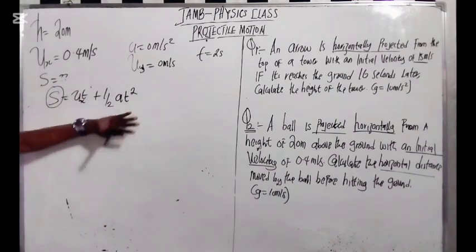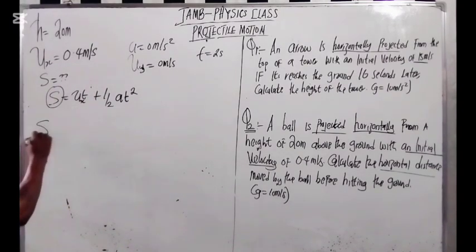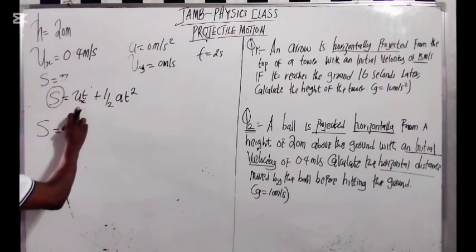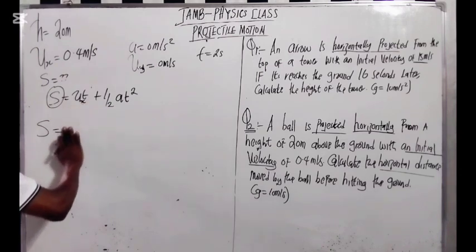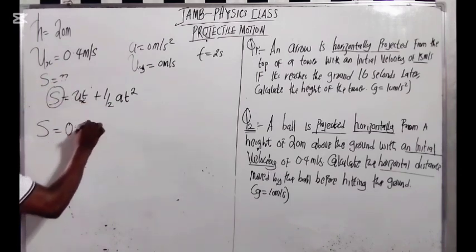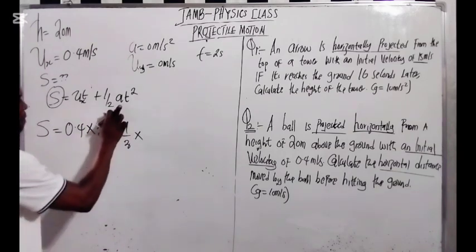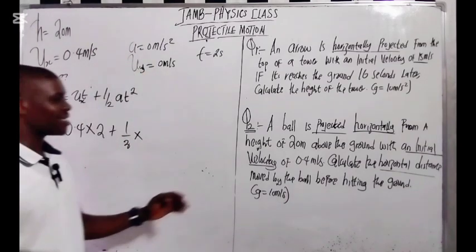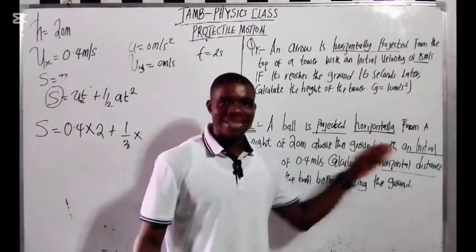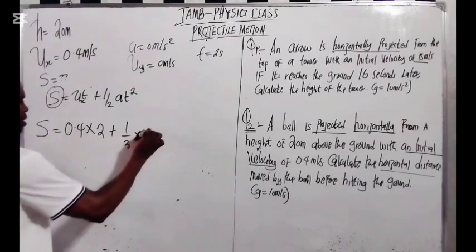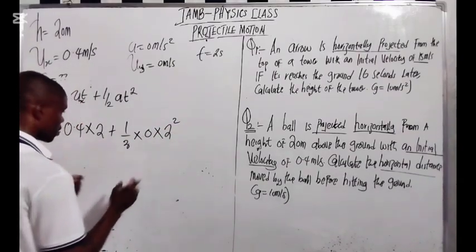So what are you going to do here now? Remember they say you should calculate distance, right? So x equals my ux, which is 0.4, times my t, which is 2, plus half times my acceleration, which is 0 because they didn't say anything about linear acceleration, times 2 squared.